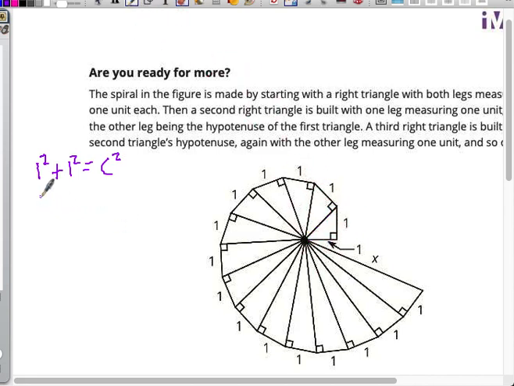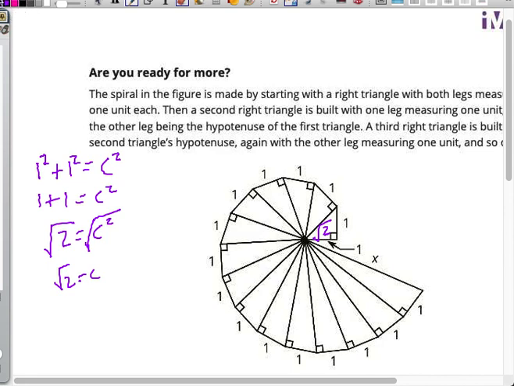So 1 squared is 1 plus 1 squared is 1 equals c squared. So that is 2 equals c squared. Take the square root: square root of 2 equals c. So this one comes out to be square root of 2. We're just going to leave it like that. That makes life easier, believe it or not.